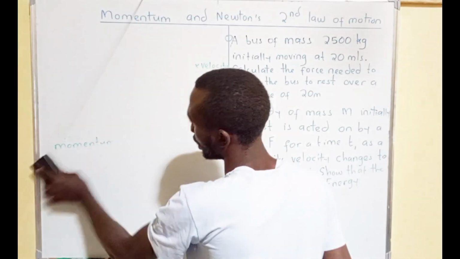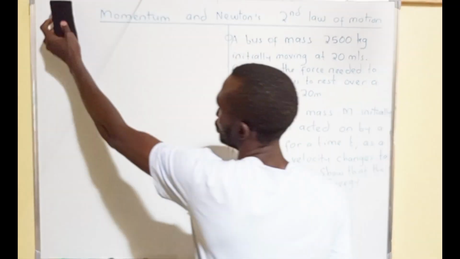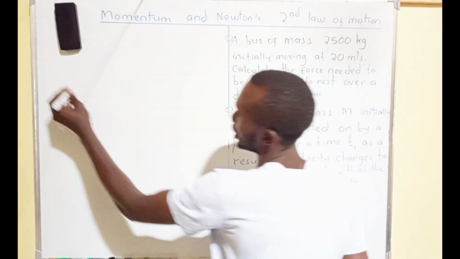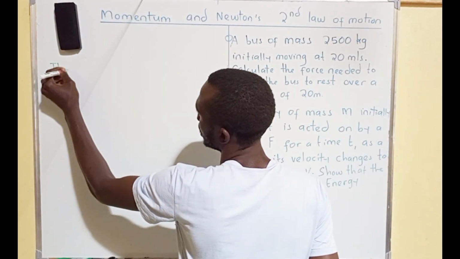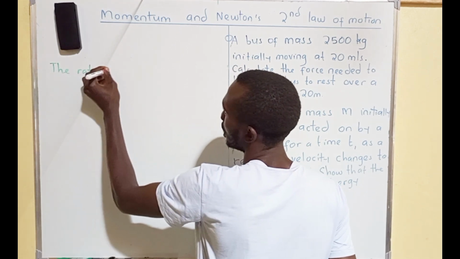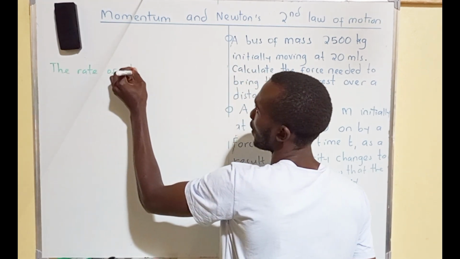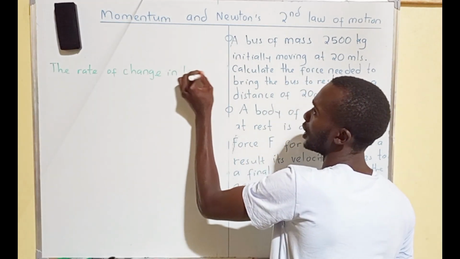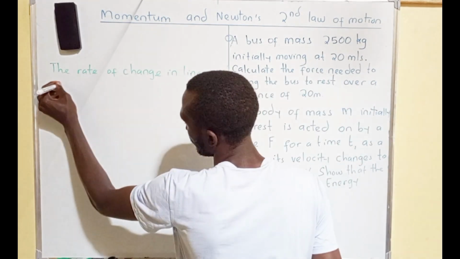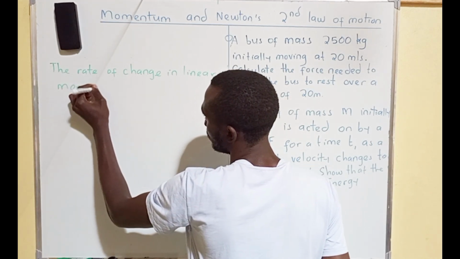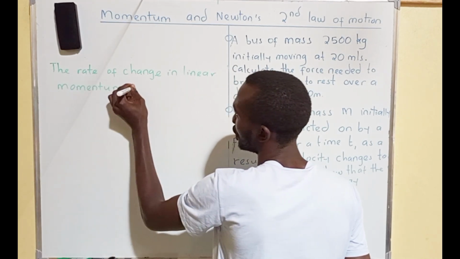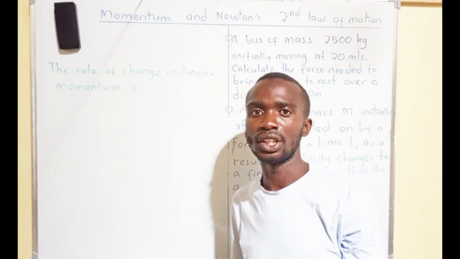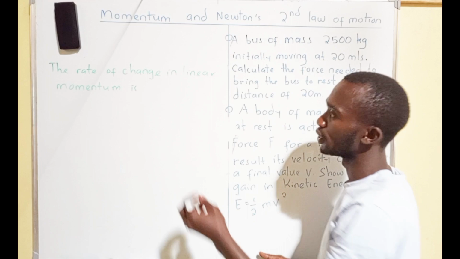Today I want to talk about the second law, which states that the rate of change in linear momentum is directly proportional to the resultant external force and takes place in the same direction.